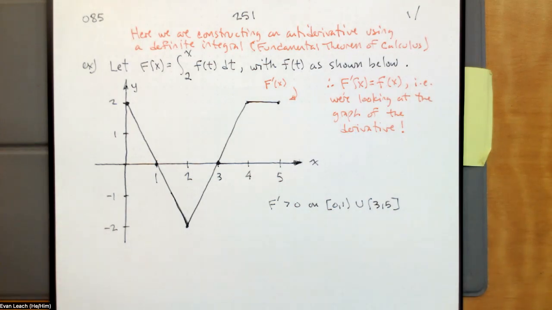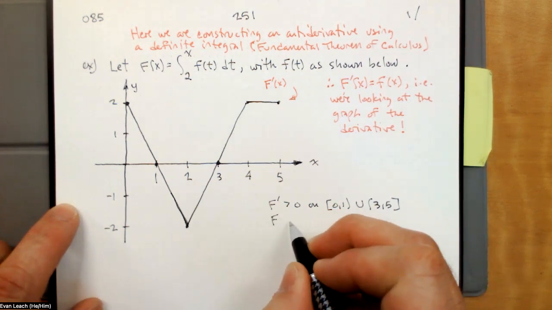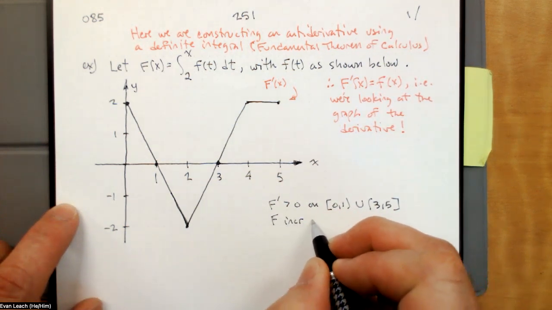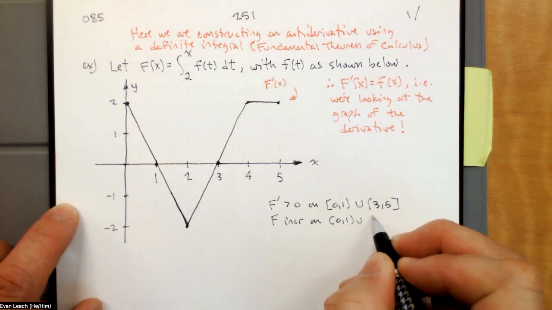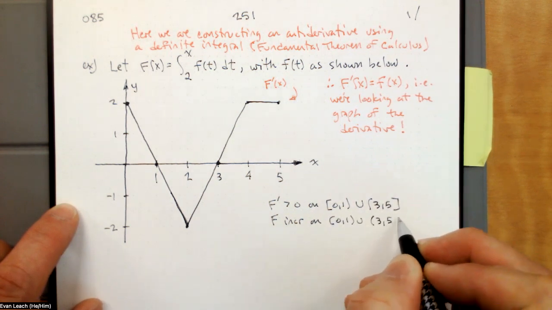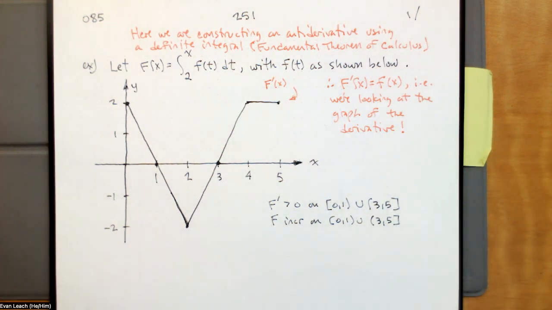So what this tells us is that from 0 to 1 and from 3 to 5, our function capital F should be increasing. But we know more now.